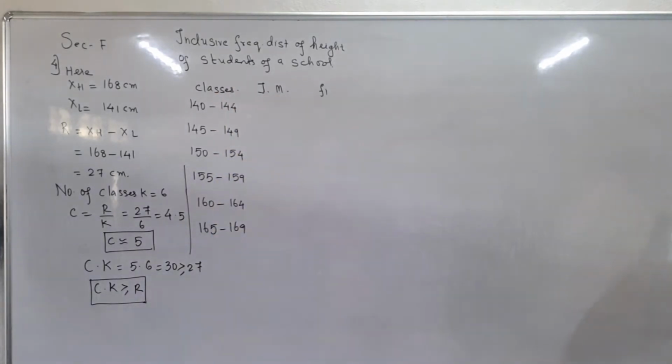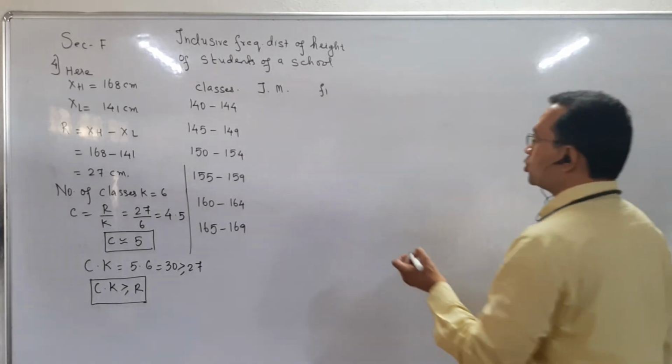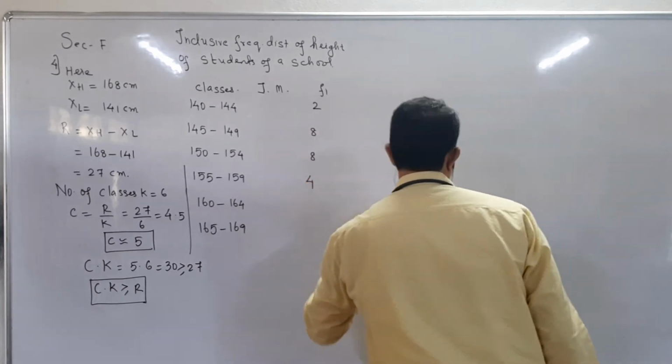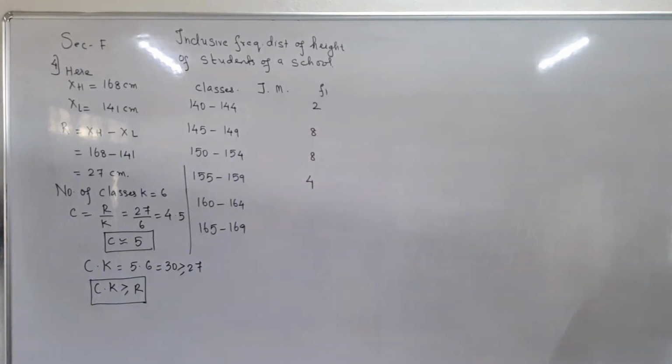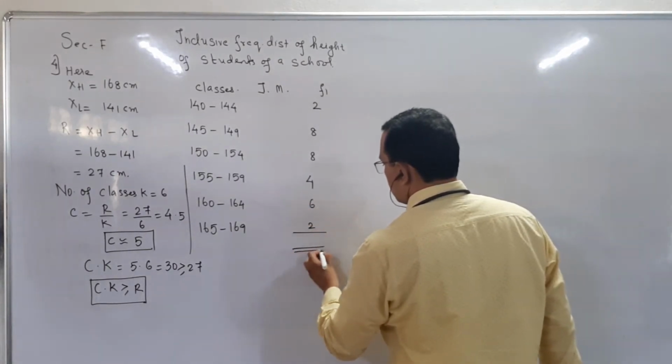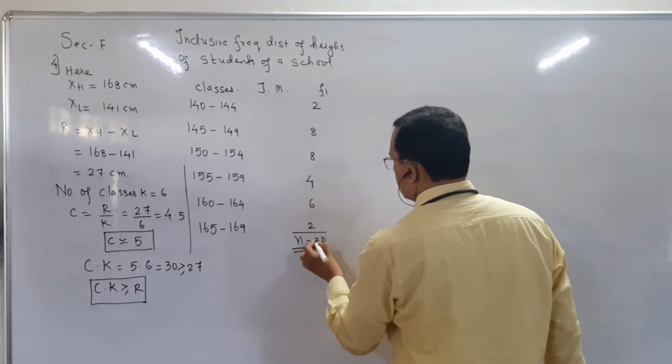And tally marks, if you do, the frequencies are 2, 8, 8, 4, and last two frequencies are 6 and 2. So this total is nothing but 30.